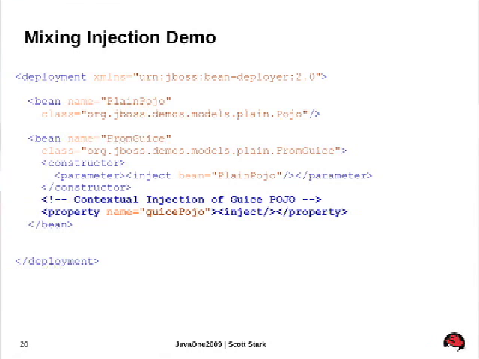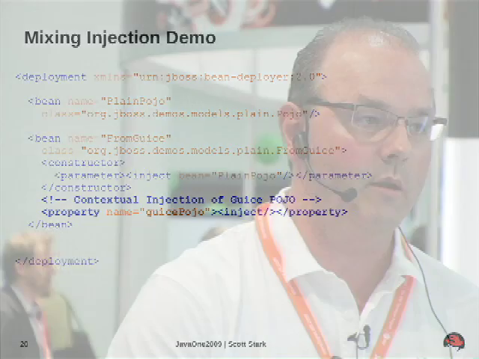So this is a contextual injection saying I need to find a component that was deployed in the MC that matches that type. Now that's the only mechanism by which we're referencing it. We don't have a name. We don't have any JUICE specific APIs, right? We're simply going to resolve that based on the type. Right? So that's a pretty brief illustration of how we can mix component models in the MC and JBoss AS.